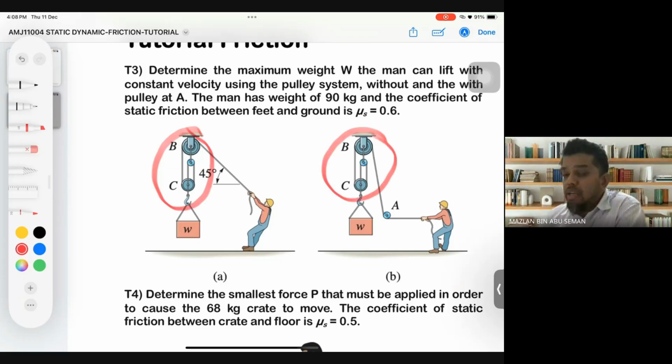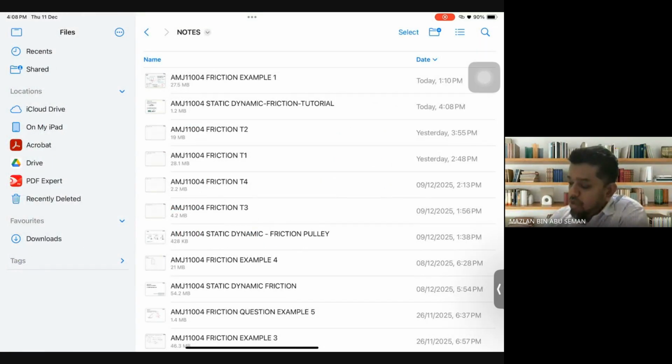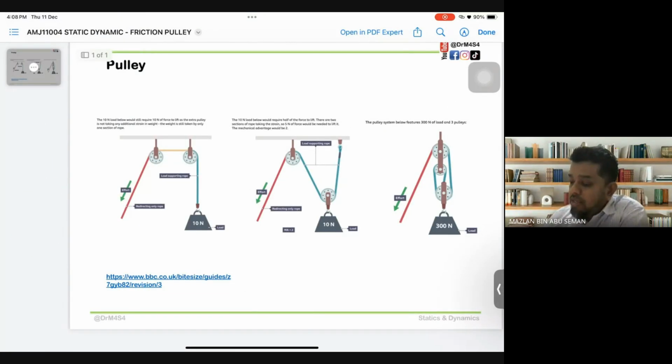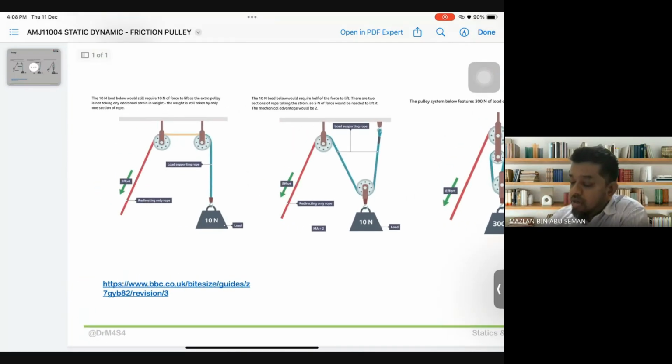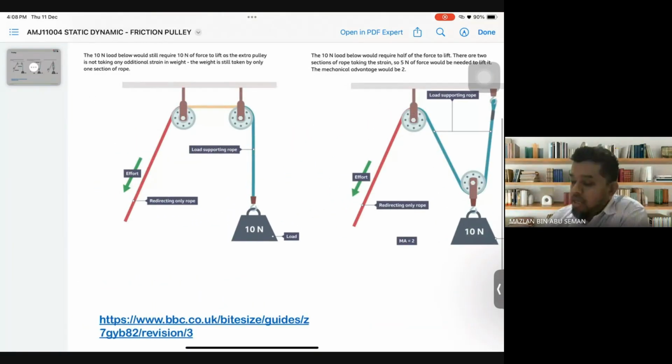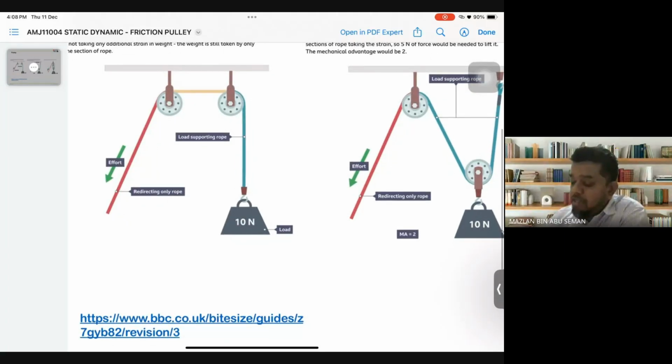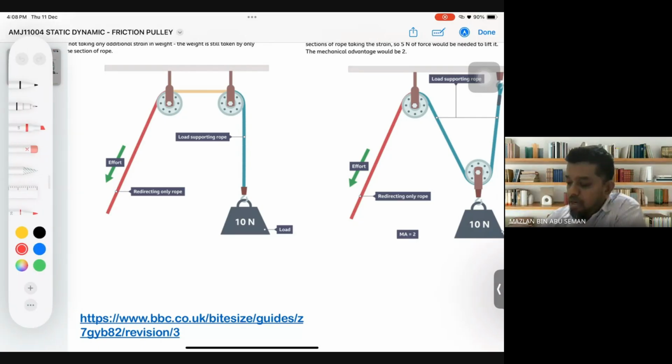If you went to physics classes, I just want to do some recap on this matter about the pulley. You can search this online. If we have a pulley system like this, we're going to try to lift that 10 Newton.